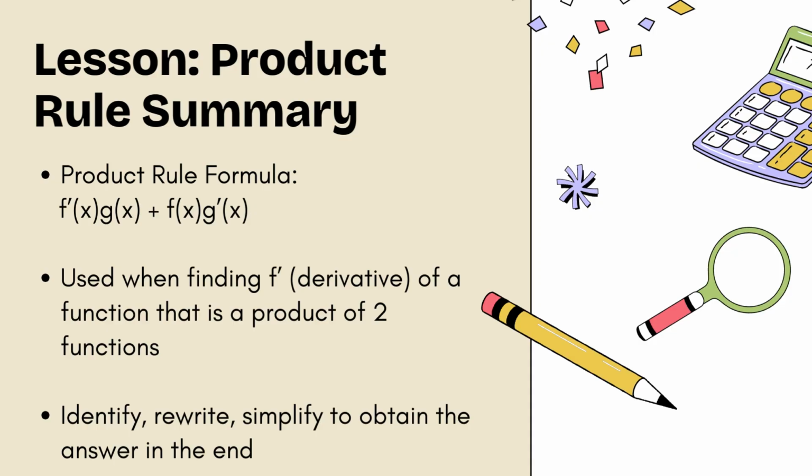If the function is in a hard state to differentiate, identify all the components of the function given, rewrite it so that it makes better sense and is easily differentiable, and then simplify in the end. Simplify what you got as your derivative, so that you can better identify, rewrite, and simplify with every other problem you do, especially in relation to differentiation problems.